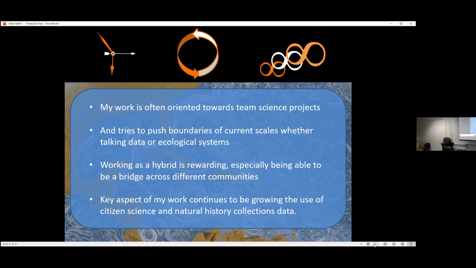I'm not the lead author of those papers, but intellectually the work reflects a team effort to bring together and to produce, and I'm always the kind of person who wants to work on that kind of team. I want to be involved in making science happen that is collaborative and works around the idea of larger teams solving problems and trying to push boundaries of what we can do, whether we're talking about data or ecological systems or temporality, right?